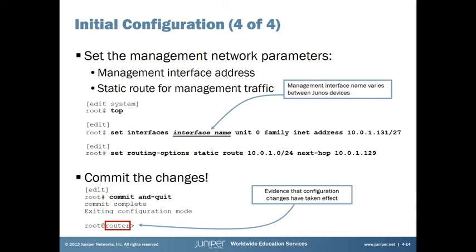The next thing we're going to want to do is to create a route to our management network. So we're going to create a static route. Okay, why are we doing that? Well, because we're currently sitting here with our laptop with a console cable plugged into the device, configuring it for the first time.